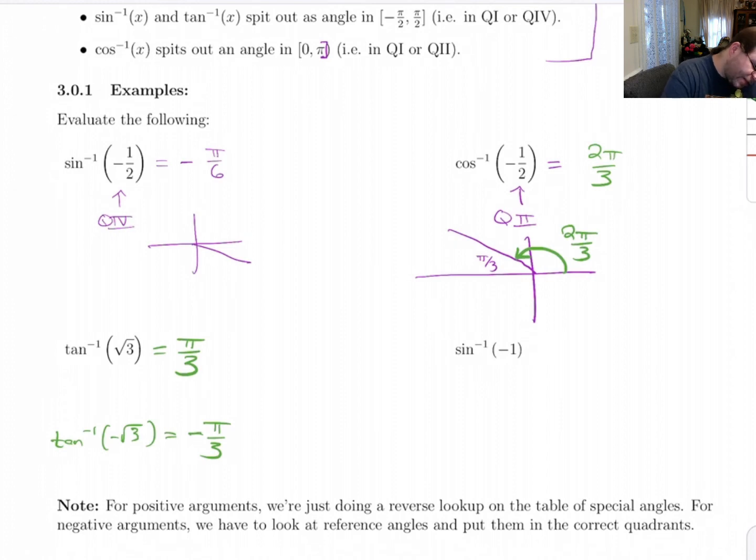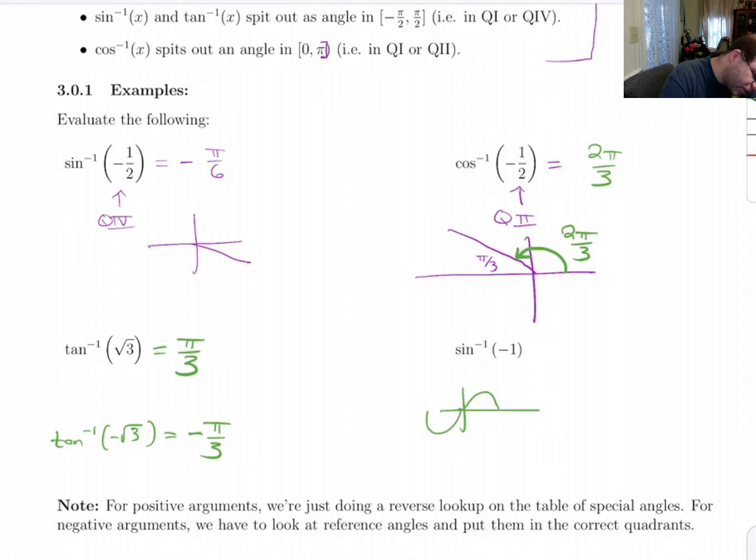All right, inverse sine of negative 1. That's going to be in quadrant 4. Well, actually, this is a quadrantal angle. Honestly, the way I would solve this is not how a lot of people would do it. But sine looks like this.